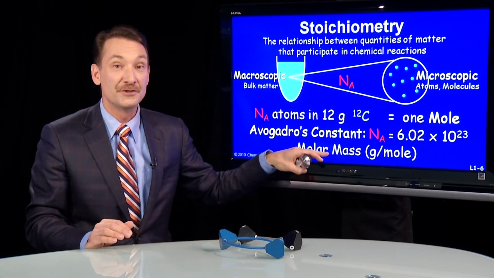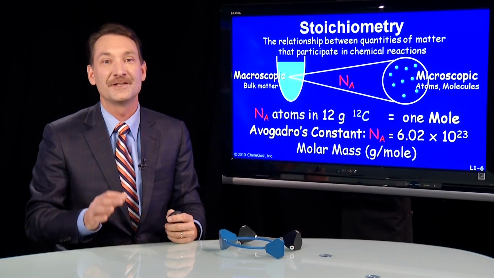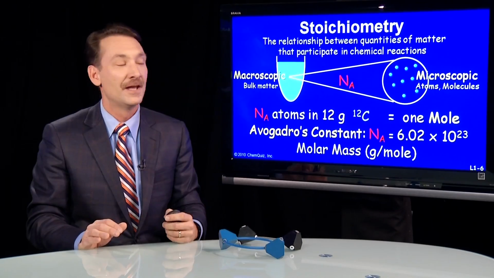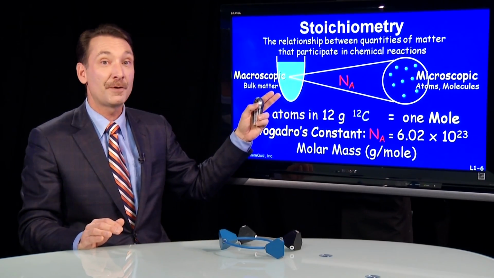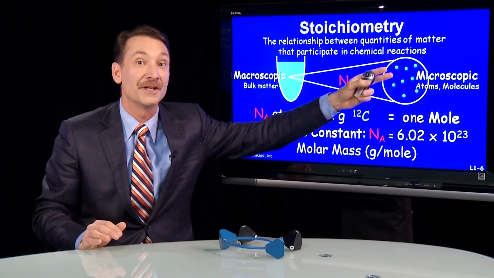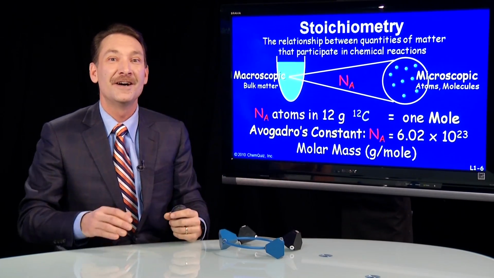So the units we'll use are 12 grams per mole of carbon. So that's how we're going to make the connection between macroscopic properties and microscopic properties. We're going to use Avogadro's constant and our concept of the mole.